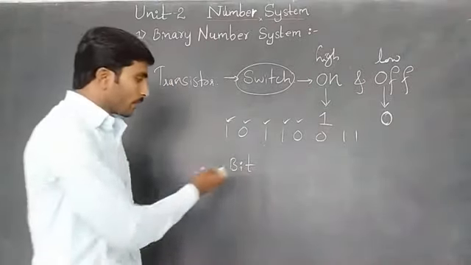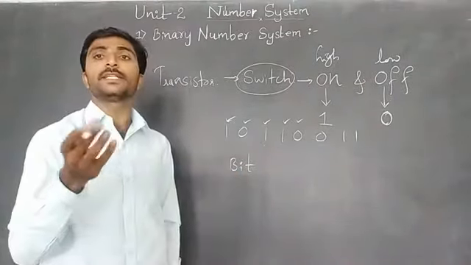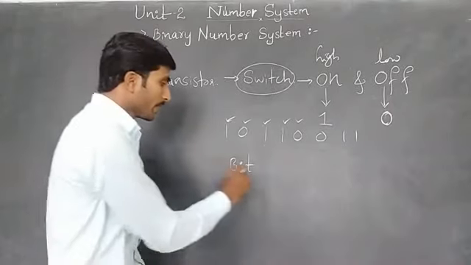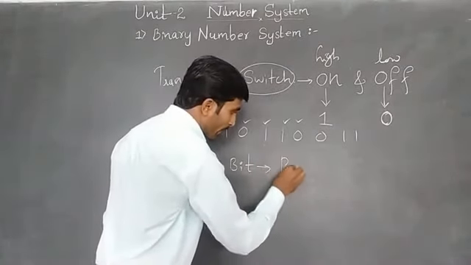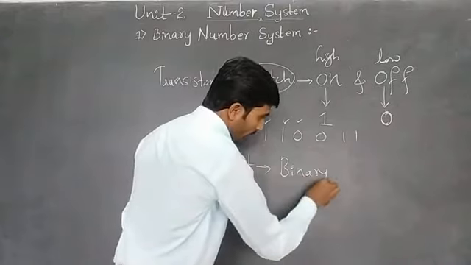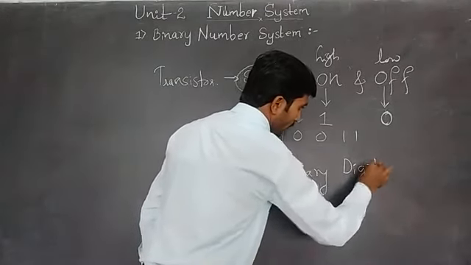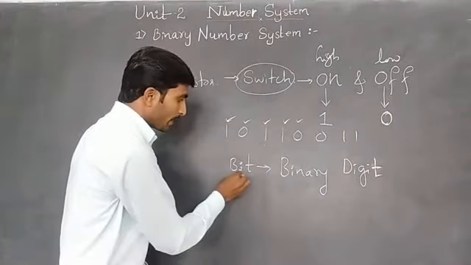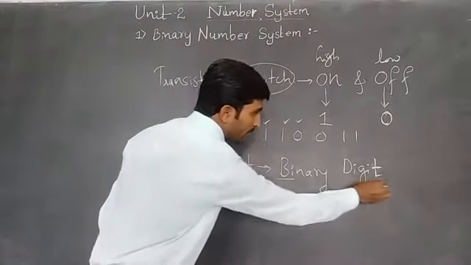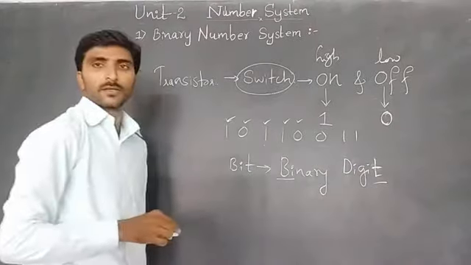So what is the full form of bit? The full form of bit is binary digits. See, BIT, that is binary digits.